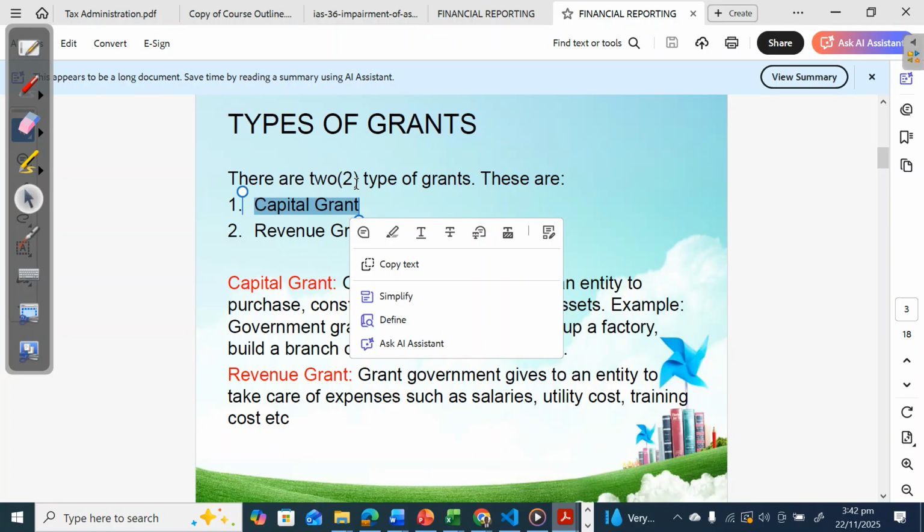So if the government gives a grant to a business to build a factory or to buy a new machine, to buy new equipment, that is a capital grant.